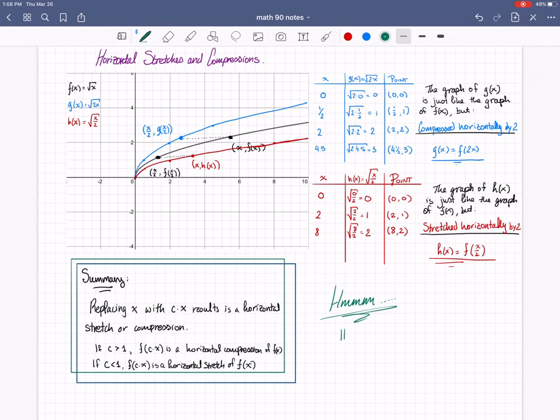It seems that a horizontal compression can also be thought of as a vertical stretch.